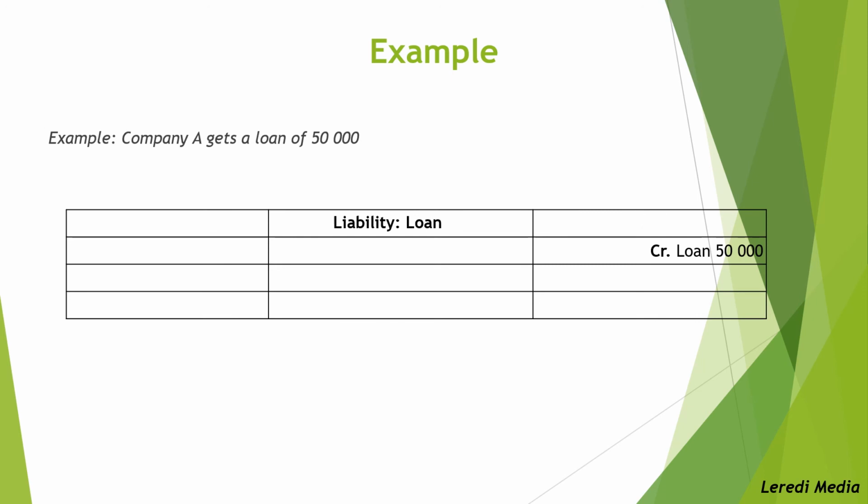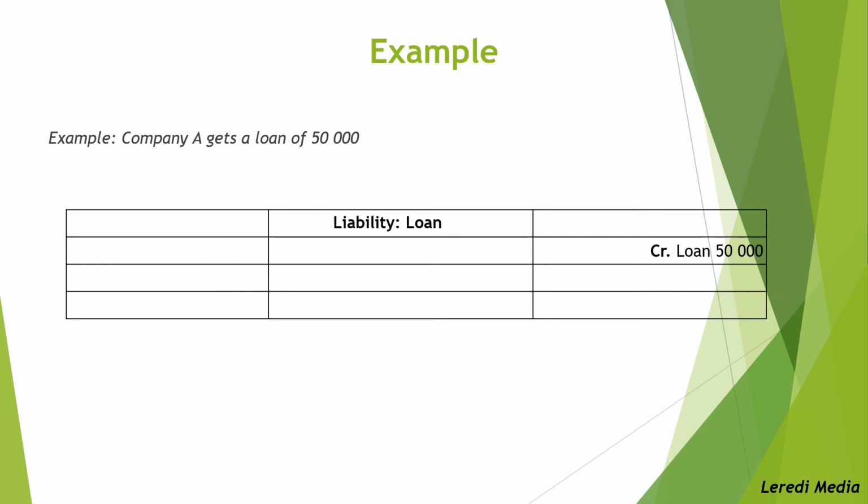Let's go to the second question. The second question: am I controlling something that will give rise to future economic benefits? Well, after you've signed all the papers and the bank paid you the money, and the money went into the bank account of company A, it means that now you can utilize that money as company A so that you can generate future economic benefits.